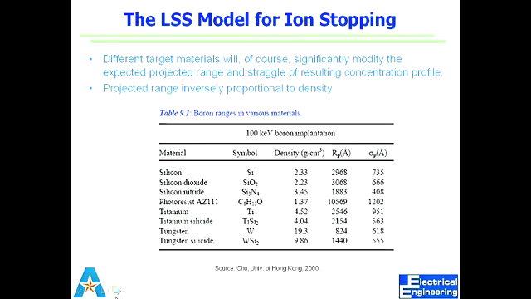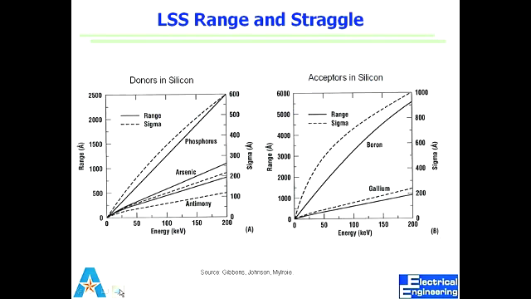So this is entirely different parameters than diffusion when you're doing ion implantation. Right? So this is now for donors and acceptors: phosphorus, arsenic, boron, and gallium. Same concept, now with a little more precise data. So this is all known.